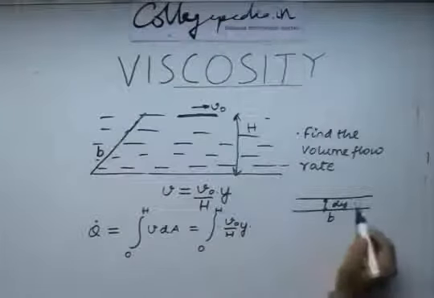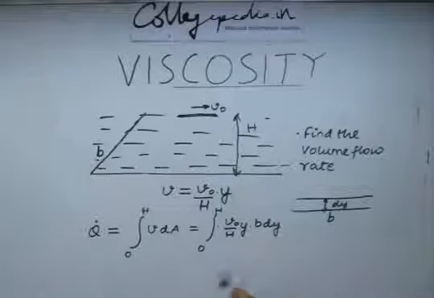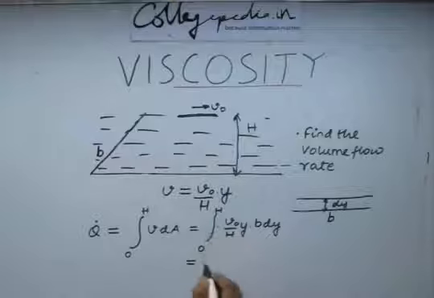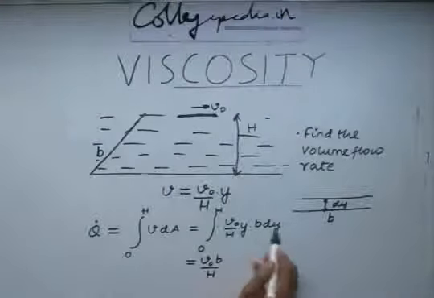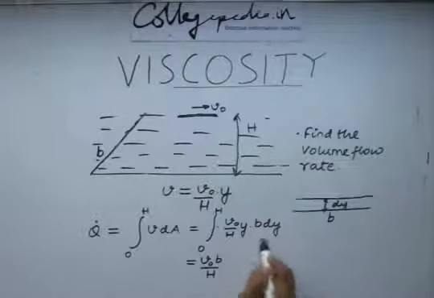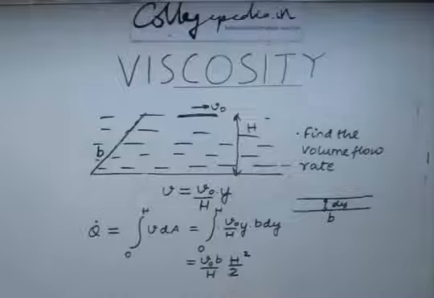Our dA, the small area we considered here, is nothing but b dy. Now we integrate this. We take the constants outside. We have v0, b and h times y square by 2. Solving that further, the h cancels off. This is equal to v0 b h by 2.